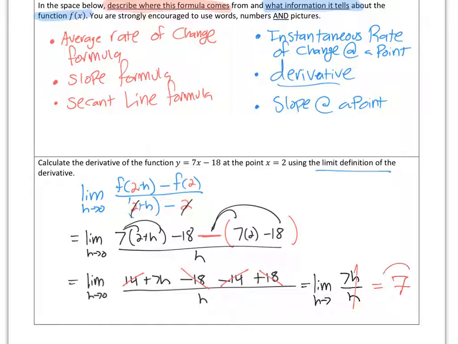So your answer is 7, and that makes sense because if I'm graphing a linear function with a y-intercept at negative 18, it's just a line with a slope of 7, and at any point on this line the slope is going to be 7. The slope all the way up and down this line forever and ever is always 7 because the slope of the line is 7. So that's how you do that. All right, we're going to move on real quick.